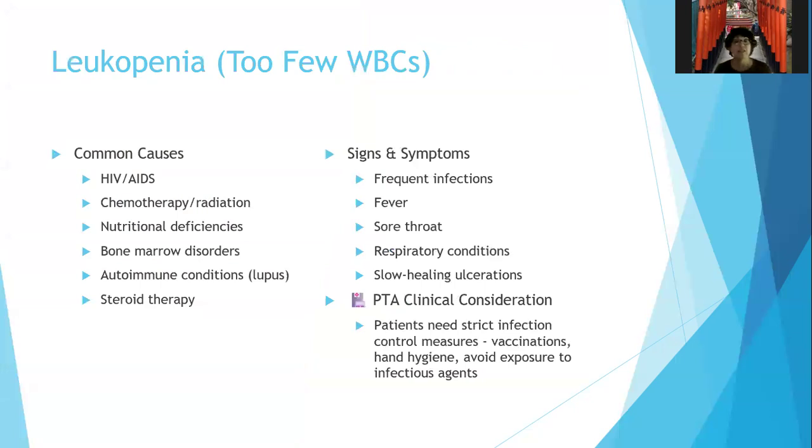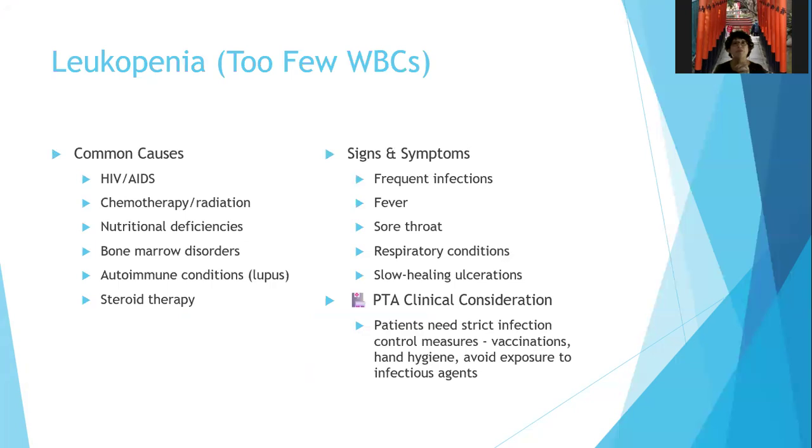So leukopenia is not enough white blood cells, so too few white blood cells. It can be caused by HIV or AIDS, because, remember, viruses target specific cells, and HIV specifically targets white blood cells. Chemotherapy and radiation can affect it. Nutritional deficiencies, bone marrow disorders, autoimmune conditions, or steroid therapy.